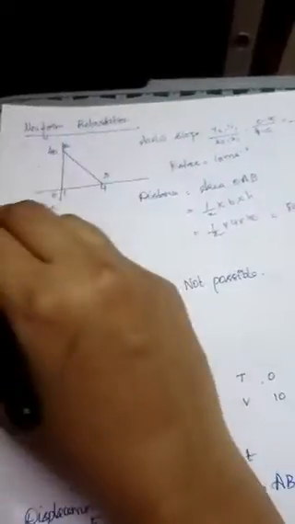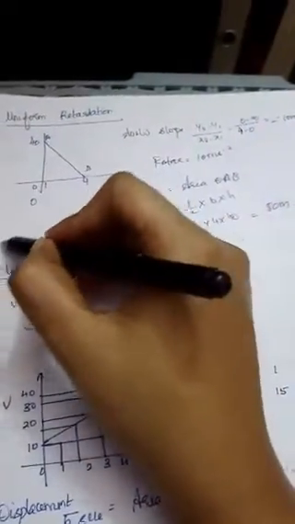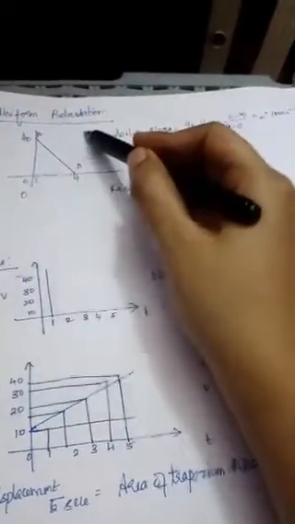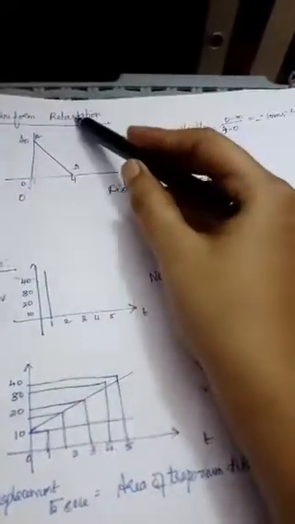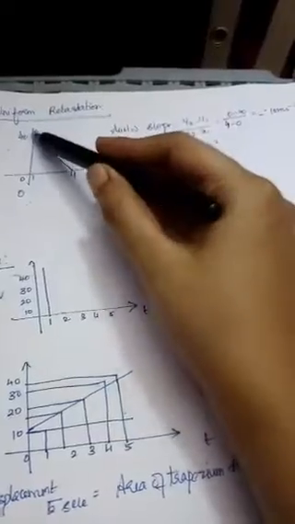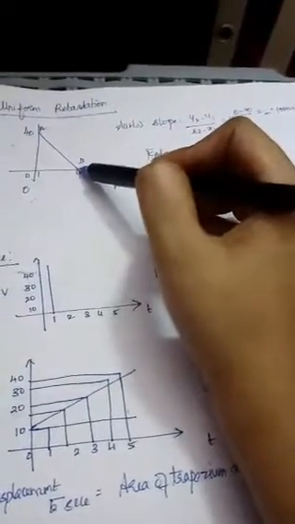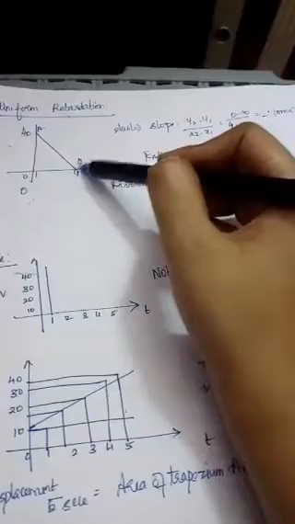Next one, uniform retardation. In the previous example we saw it is moving in a uniform acceleration. That is why the line is going from here to here in your previous example. Now you see it is retardation. Therefore it will start from a maximum point and it will end at your origin point, around your x-axis. So this is your retardation.